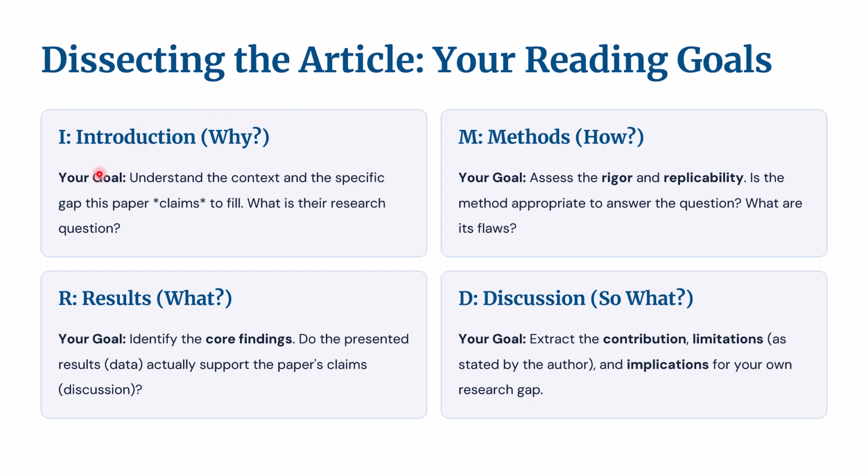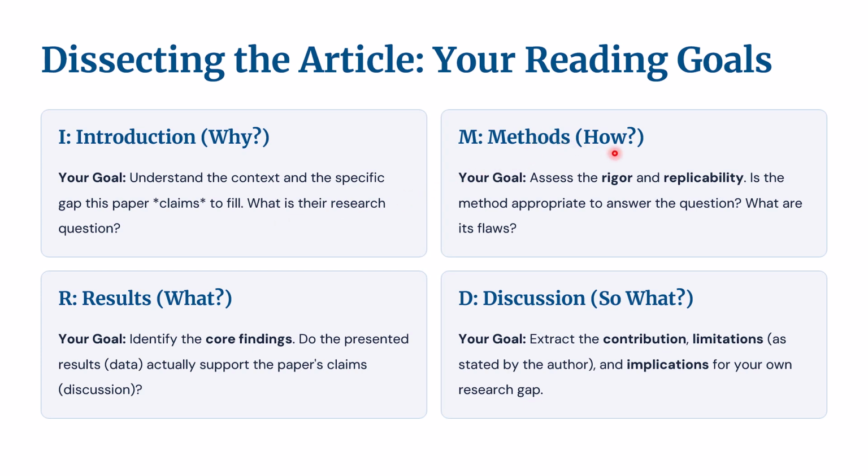So when you are reading the introduction, you should ask yourself why the researcher has done or published this paper or conducted this research. The goal here is to understand the context, the justification, the specific gap that the paper claims to fill. What are the research questions?